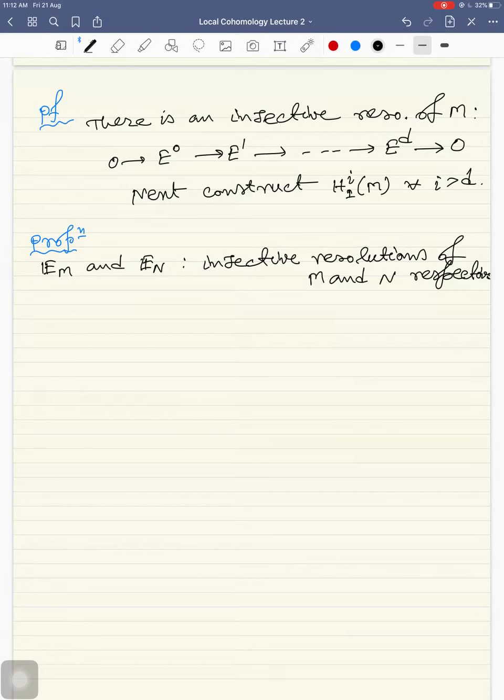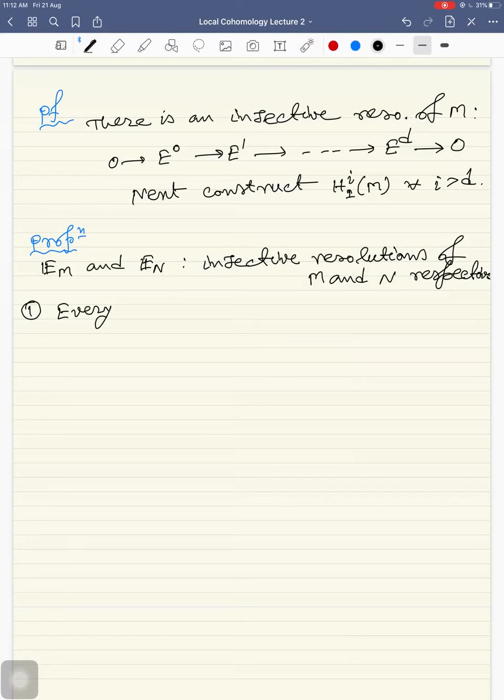So M and N are two R modules, and you consider one injective resolution of M, that is EM, and an injective resolution of N, that we denote by EN.